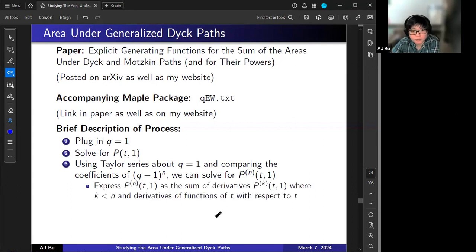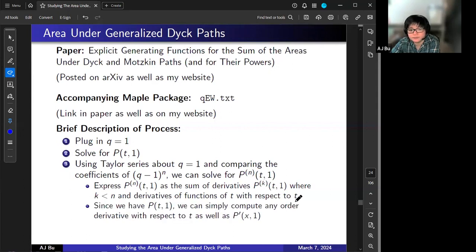Okay, so when we look at the coefficients of q minus 1 to the n, this is going to allow us to express the nth derivative of P with respect to q evaluated at q equals 1 as the sum of basically lower order derivatives evaluated at q equals 1, as well as derivatives of functions of t with respect to t.